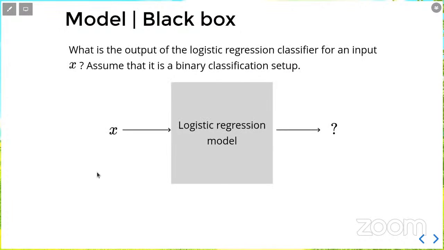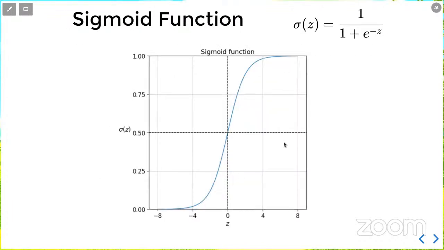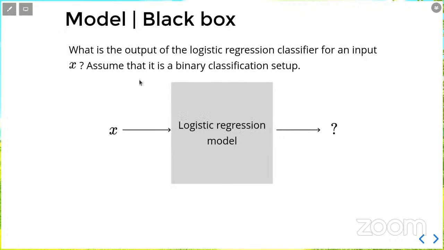So now that we know what this function is doing, just remember what the graph looks like. It takes a real number as input and pushes it between 0 and 1. Okay, so now what is this logistic regression model actually trying to do? It takes some feature vector as input, and then it outputs a probability.